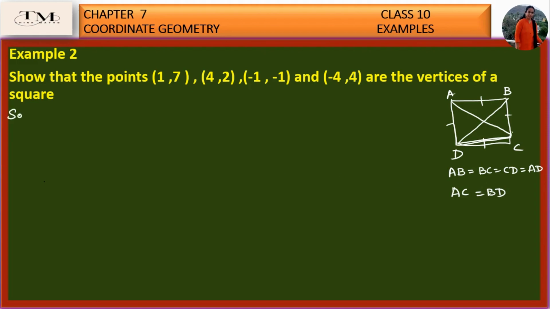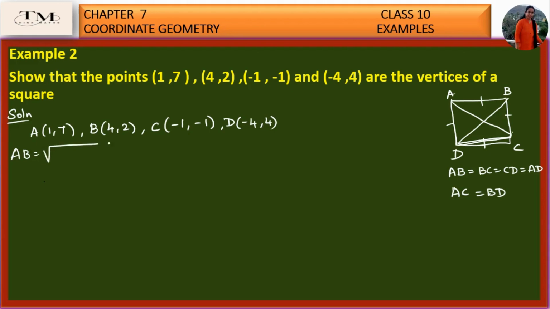First let us name the points: A of (1, 7), B of (4, 2), C of (-1, -1) and D of (-4, 4). What is the distance formula? The distance formula is the square root of (x2 minus x1) whole square plus (y2 minus y1) whole square. So for AB distance, this is x1 y1 and x2 y2.